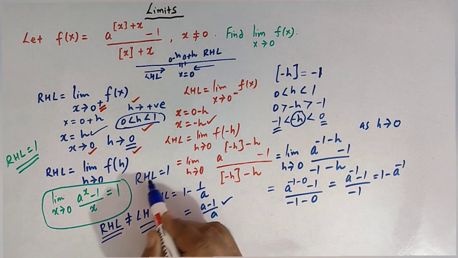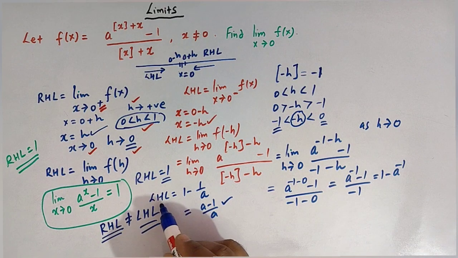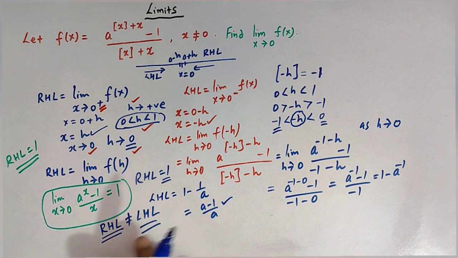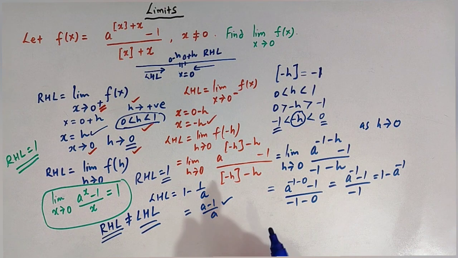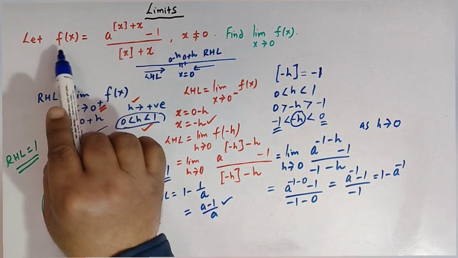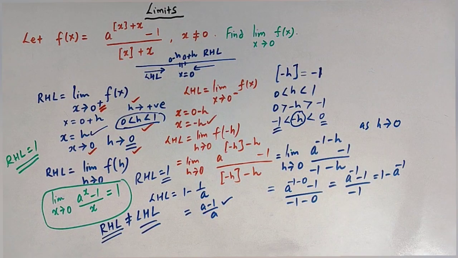But here we see that the right hand limit is 1 and the left hand limit is 1 minus 1 over a, and since both the limits are not equal, we can safely say that the limit of this function when x approaches 0 does not exist, right? So here the limit does not exist.